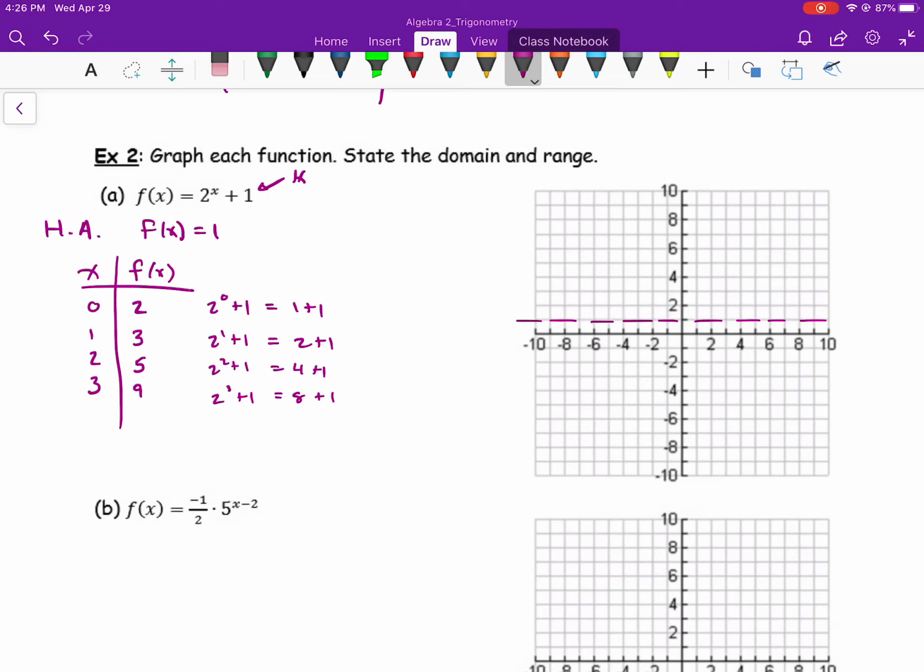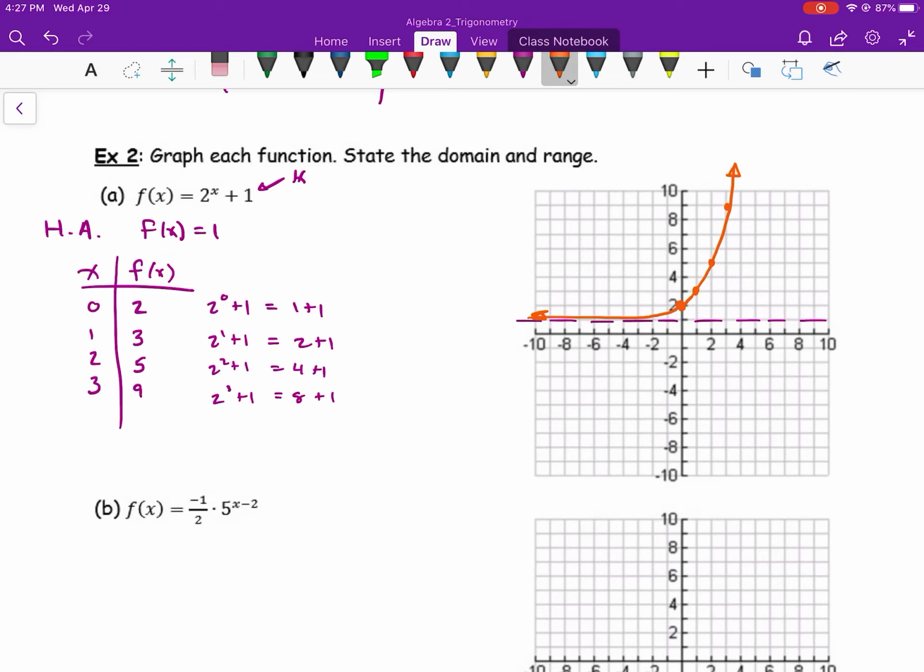Okay, plot these points. So my y-intercept's at 2. Come up 3. 2 goes to 5, and 3 goes to 9. Sketch as it gets close to the asymptote, and then we go all the way up. Boom.